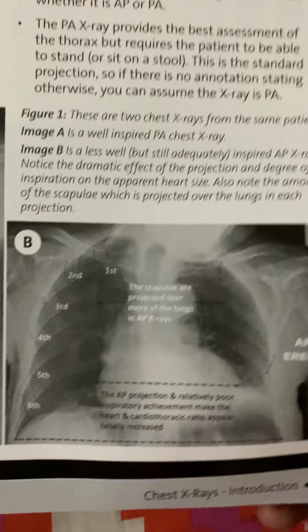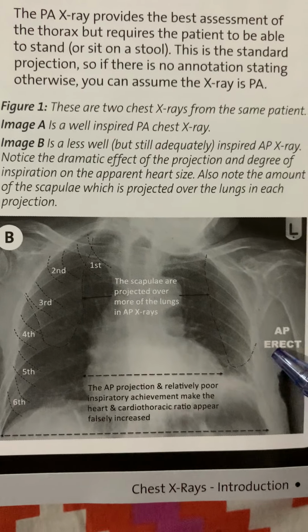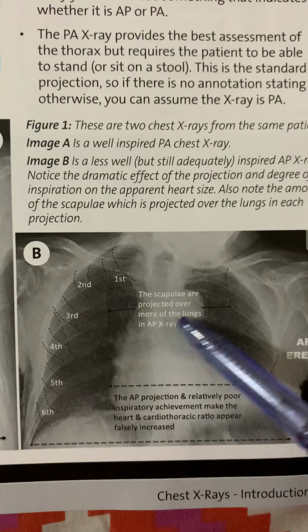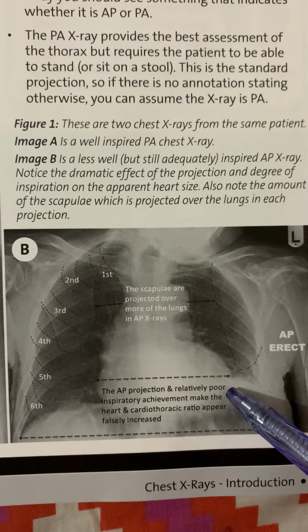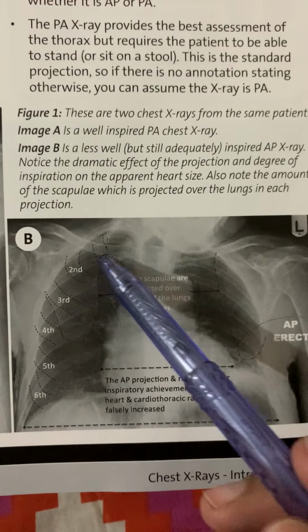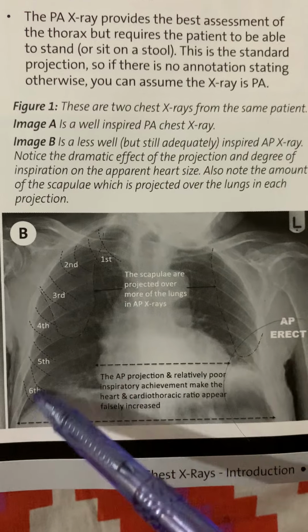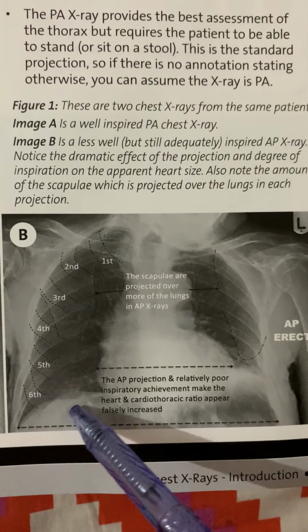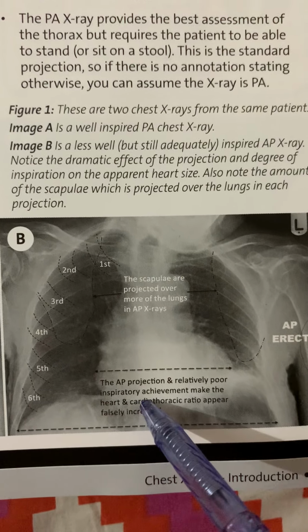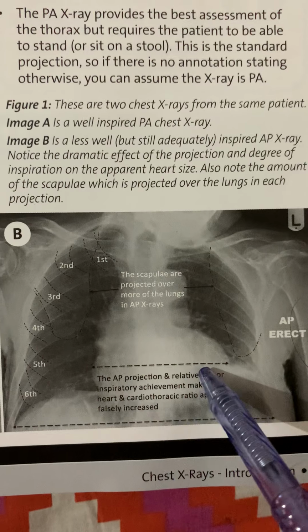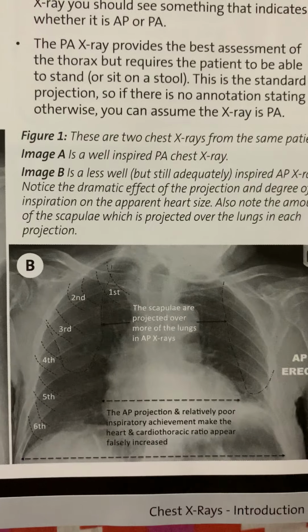But on the other hand, on the AP erect chest X-ray of the same patient, the scapula are projected over more of the lungs. And if we count the ribs, 1st, 2nd, 3rd, 4th, 5th, 6th, only 6 ribs are visible anteriorly. The AP projection and relatively poor inspiratory effort make the heart and cardiothoracic ratio appear falsely increased.